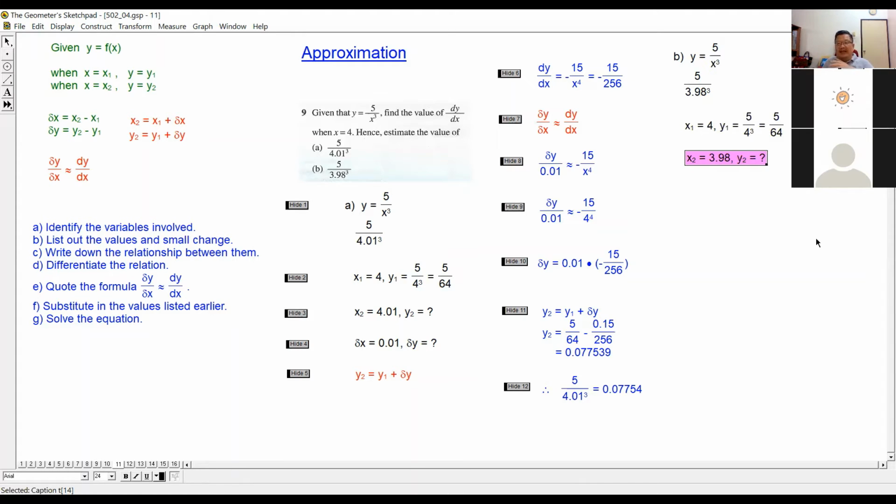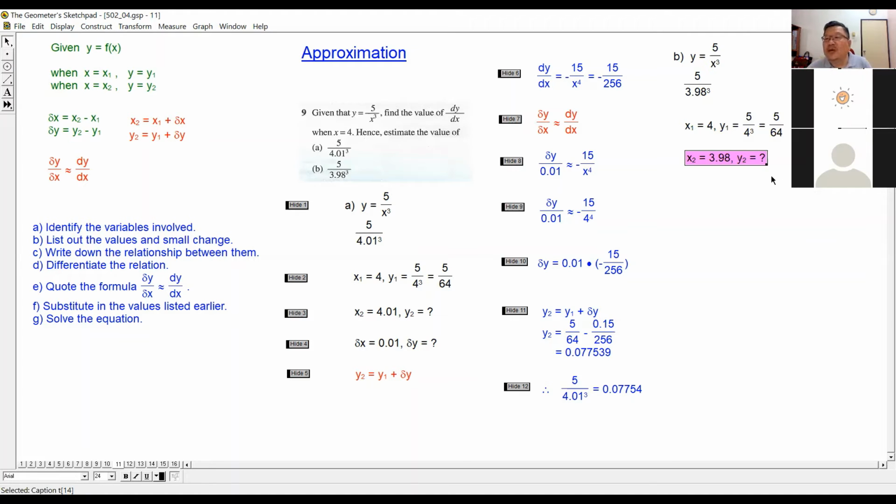Of course, as I said just now, you cannot just use your calculator to calculate the value of y2, but you can use the calculator for checking purposes. For this question, you have to find the delta y.